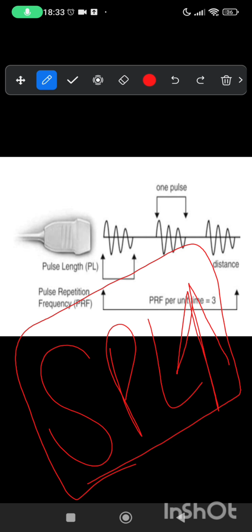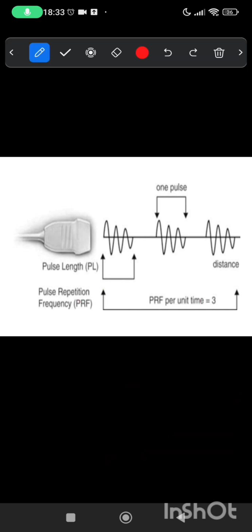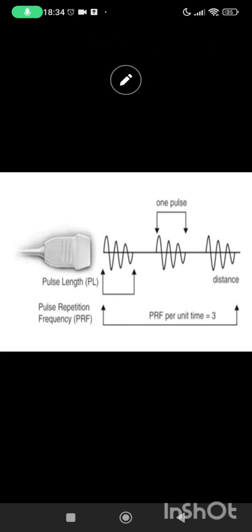Okay, good. What happens if there is more damping? What happens to the SPL? More damping means shorter SPL. It's like a DJ telling the crystal, stop now. So, more damping, shorter SPL.